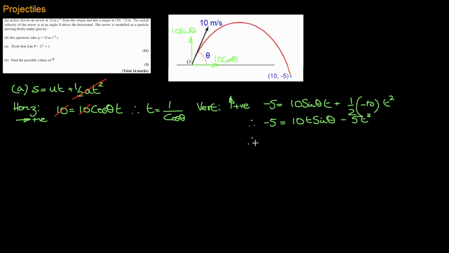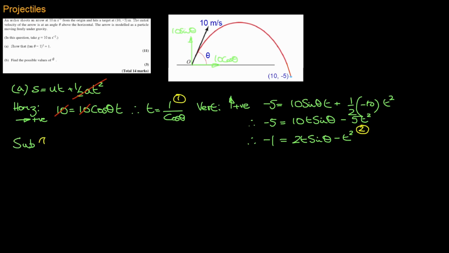Now I can take a common 5 out of this equation, so I get −1 = 2t sin θ − t². If I call the horizontal equation 1 and this equation 2, I can substitute equation 1 into equation 2 and get rid of t, because t is not in the equation that we've been asked to prove.